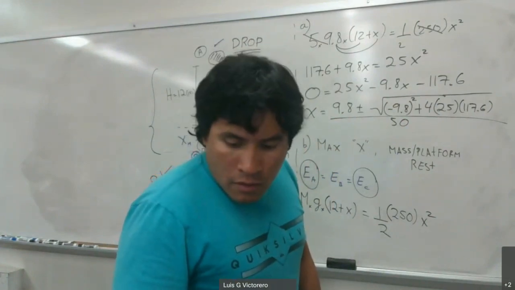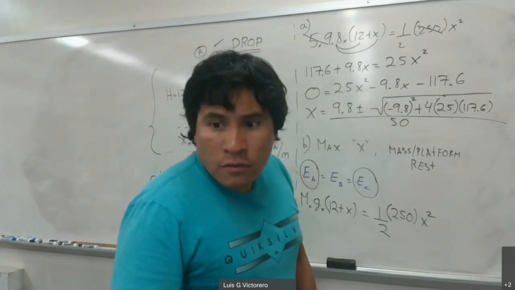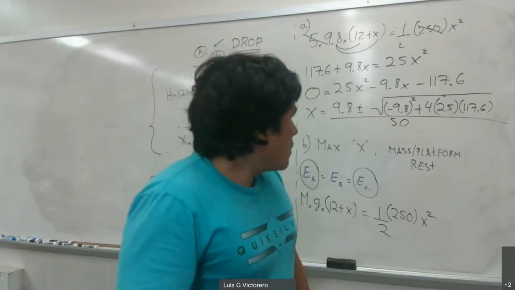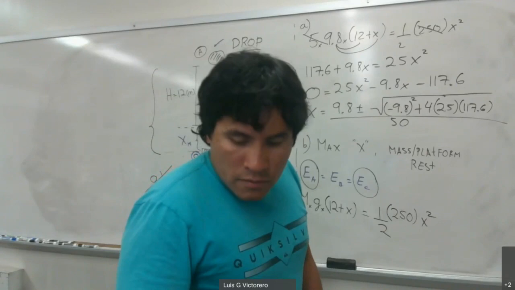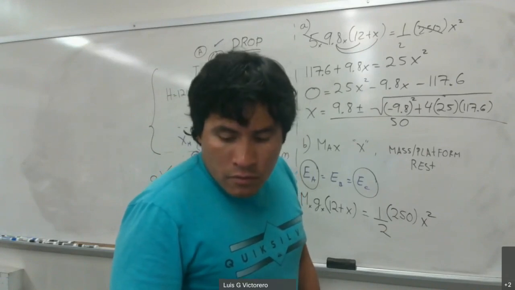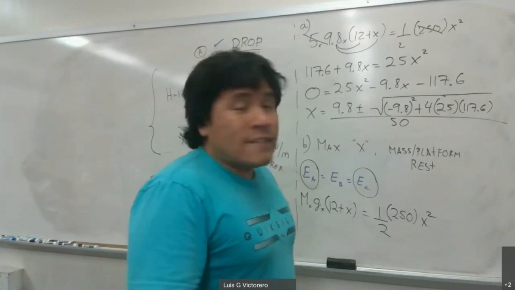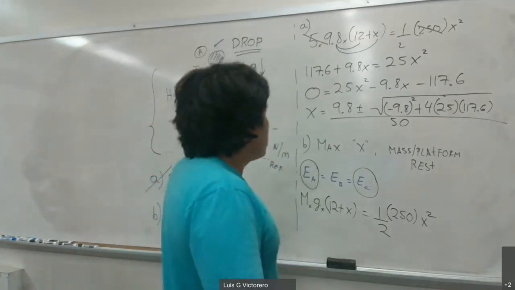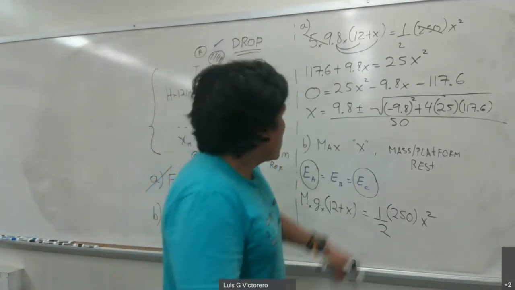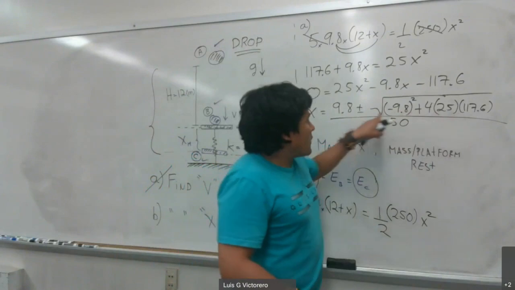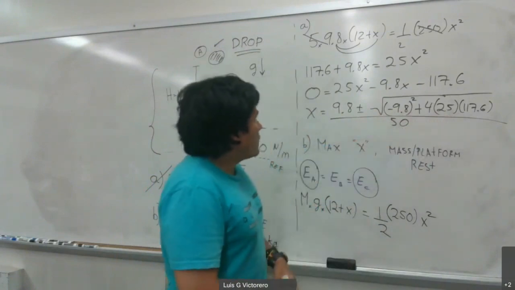9.8 times 96. So 100 times 6. 108. We cannot use a negative. The square root of all this is 108.